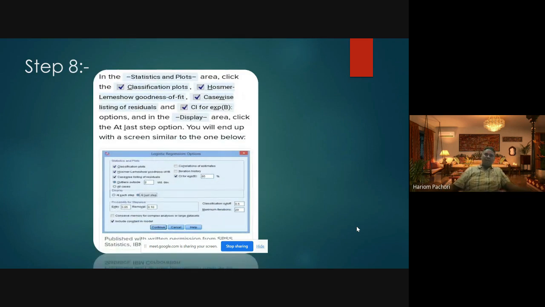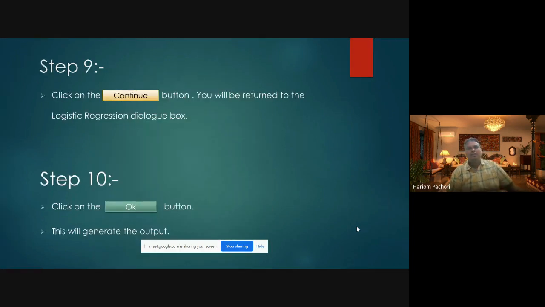Click classification plots, Hosmer-Lemeshow goodness of fit, casewise listing of residuals, and CI for Exp(B) option in the display area. You will end up with a screen similar to this. Then click on Continue and you will be returned to the logistic regression dialog box. Click on OK. Then this will generate the output.